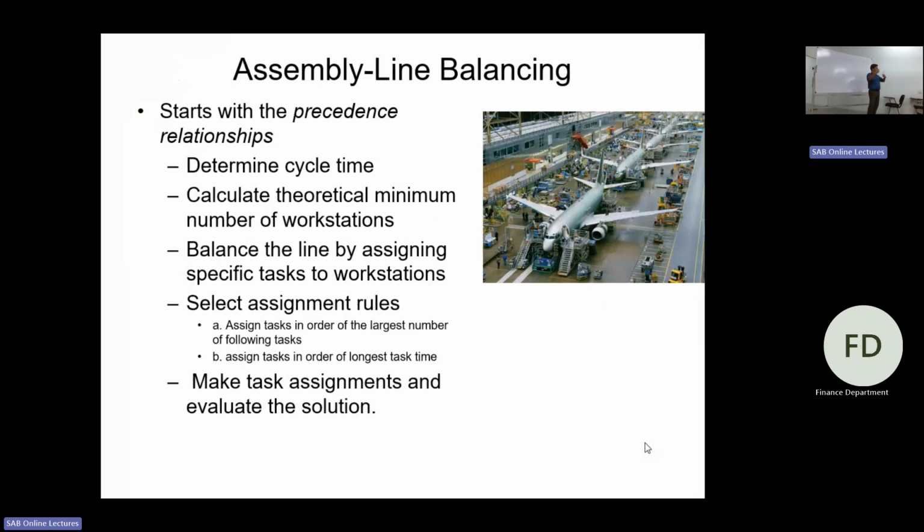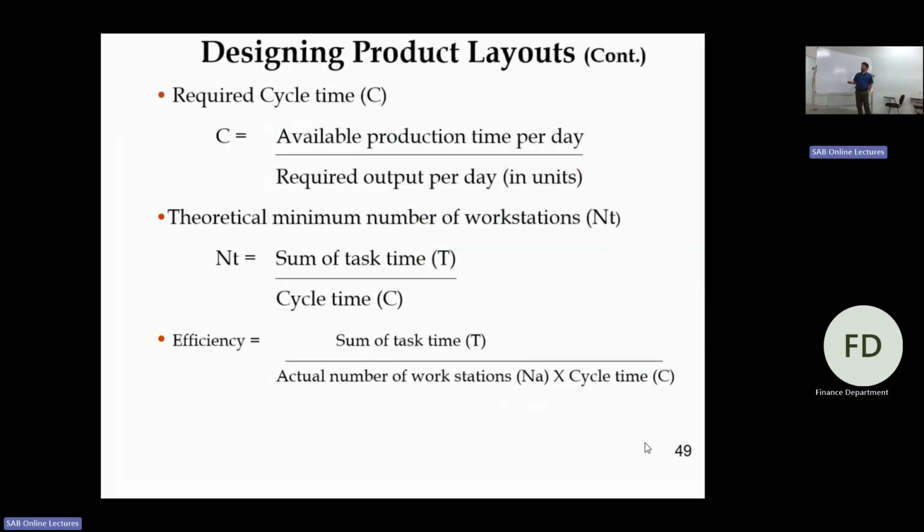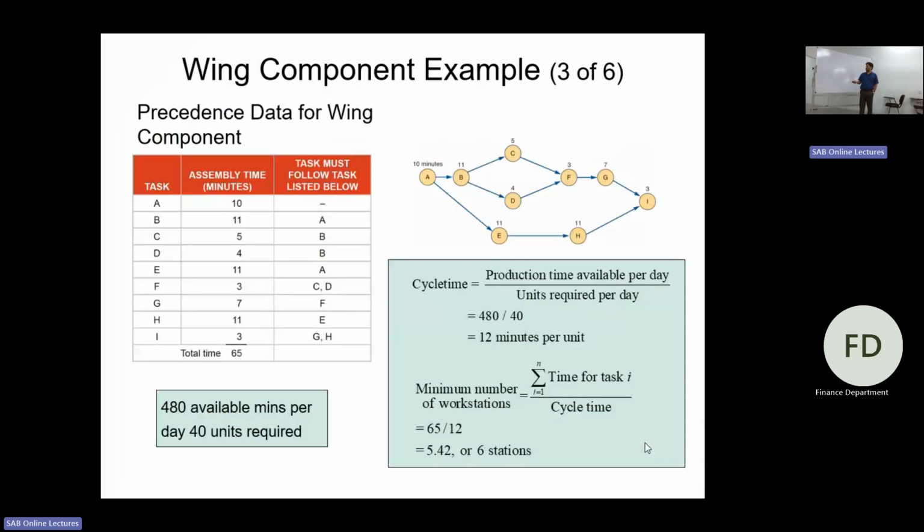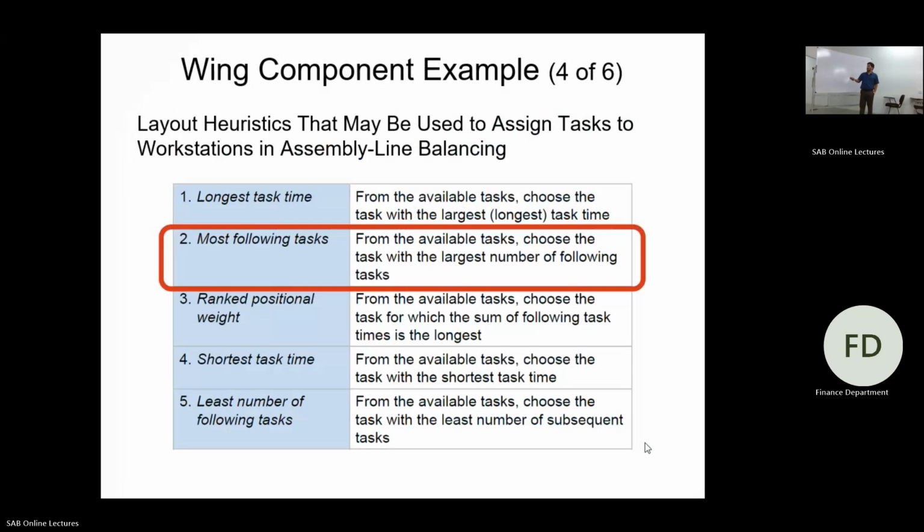B as primary, A as secondary. So you have the freedom. But for this example, let's consider A as the primary rule, B as the secondary rule. In addition to that, there are other assignment rules also, like what you see here. Layout heuristics that we use to assign tasks to workstations in assembly line balancing.